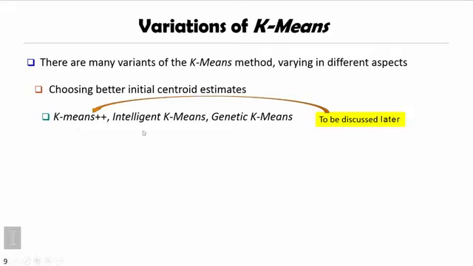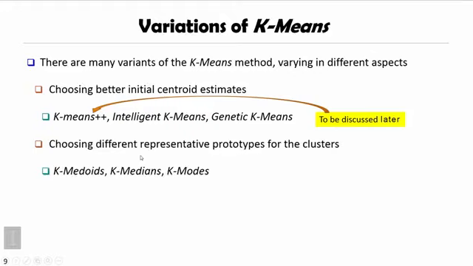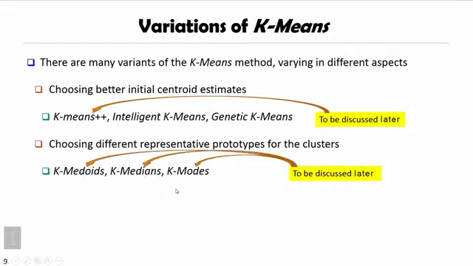We are going to introduce k-means++ in the next discussion. Another aspect is how to choose different representative prototypes for the clusters. That means we may not use the mean point, but we may use k-medoids, k-medians, or k-modes. We're going to introduce these in the subsequent discussion.